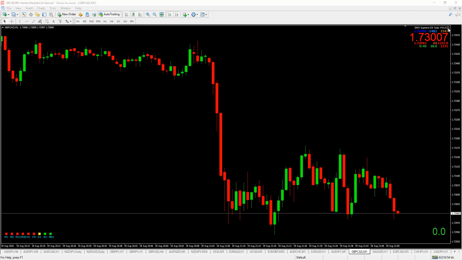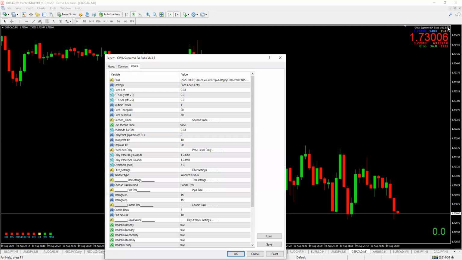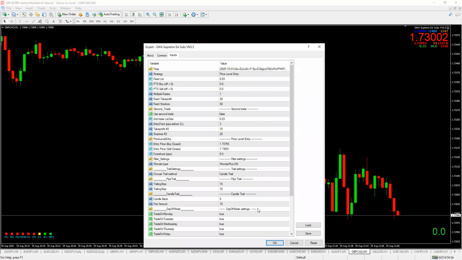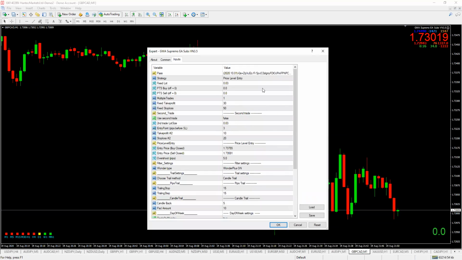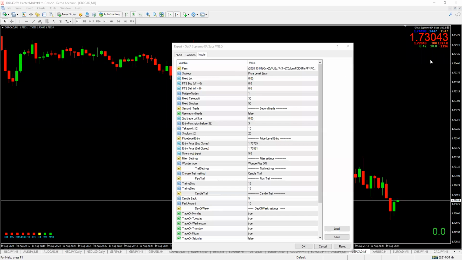So you click on here, click on the smiley face there, and it brings up this settings window. When you click on the smiley face, at any time, it brings up this settings box.